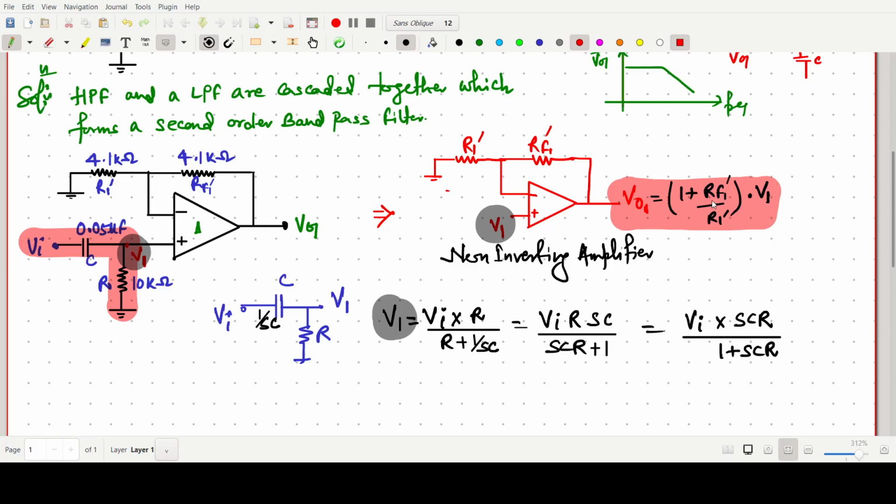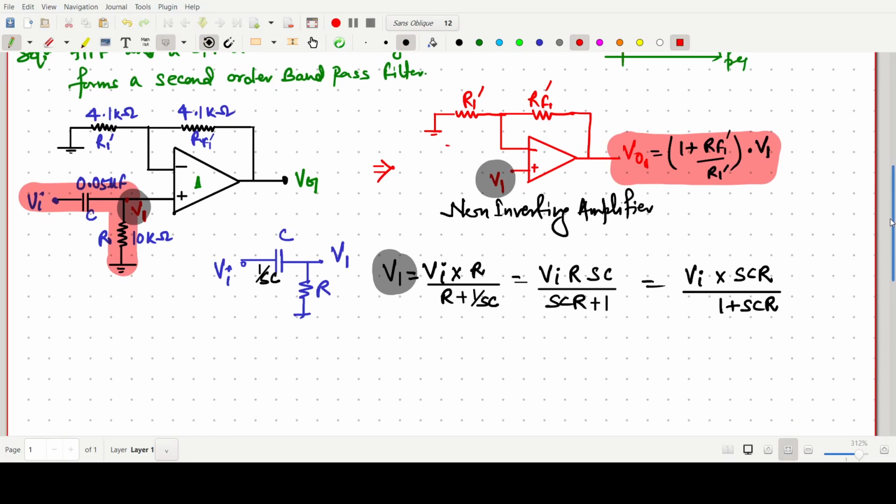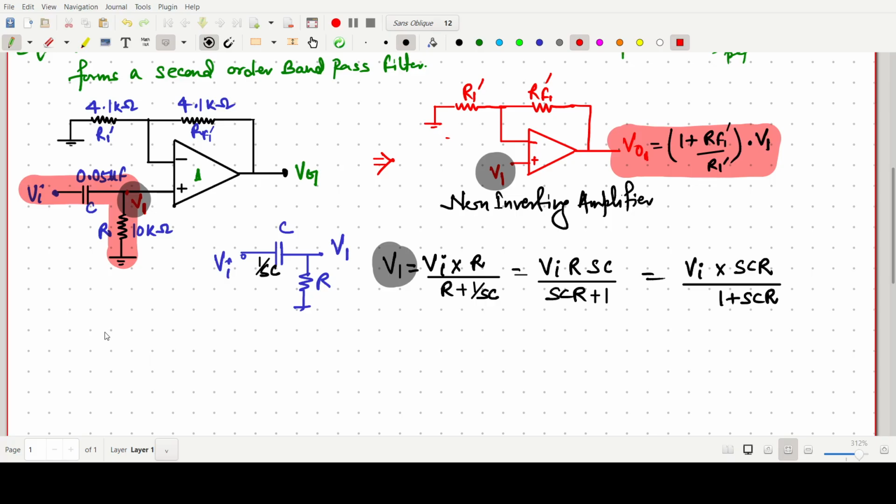So V naught 1 can be written as 1 plus RF1 dash upon R1 dash into V1. So V1 is what?